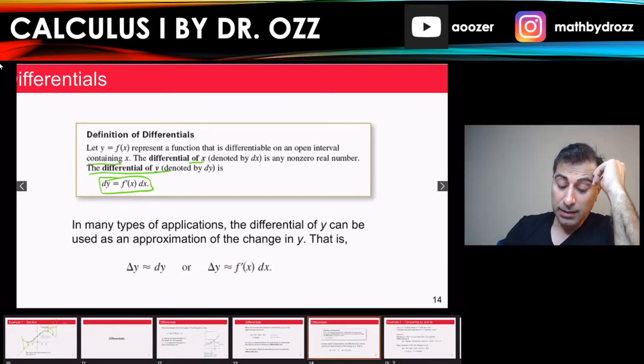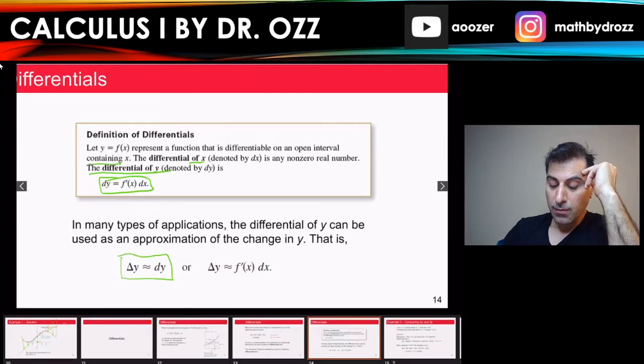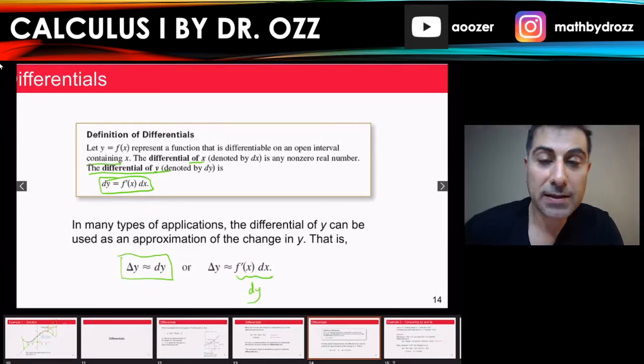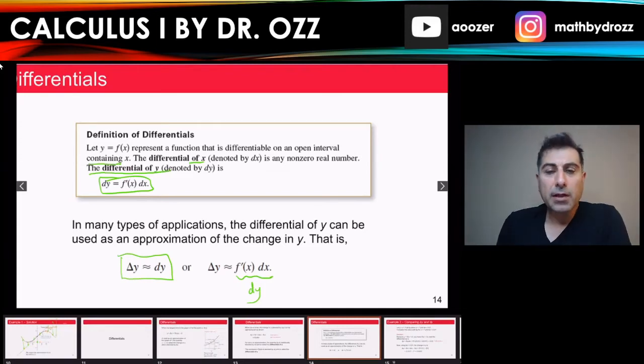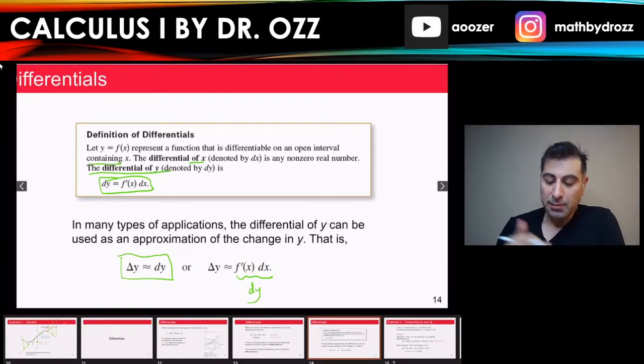As I said, delta y is approximated by dy, okay, and dy is in fact f prime of x dx. So if you want to find a good approximation, obviously you want to make dx small so that f prime of x times delta x is going to be as close as possible to the actual change in y values, which is delta y. Okay?